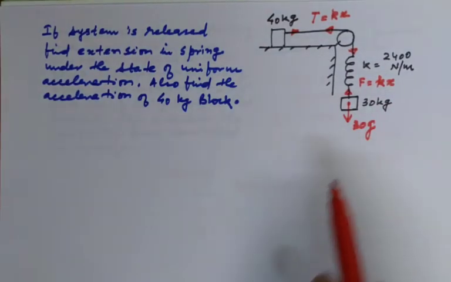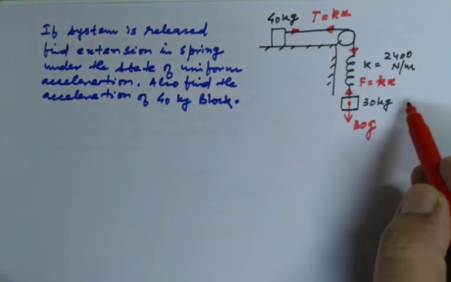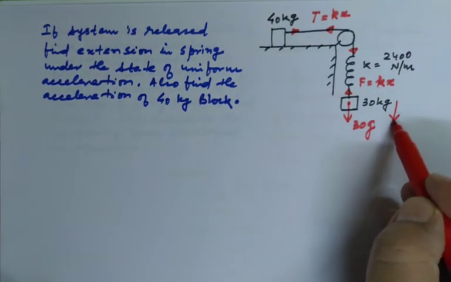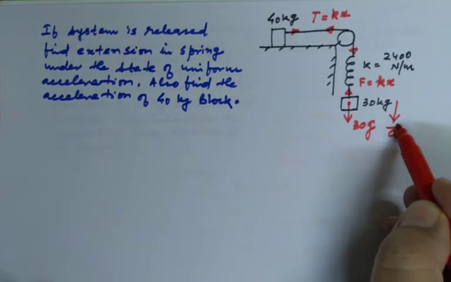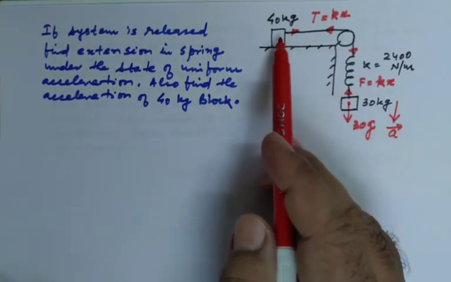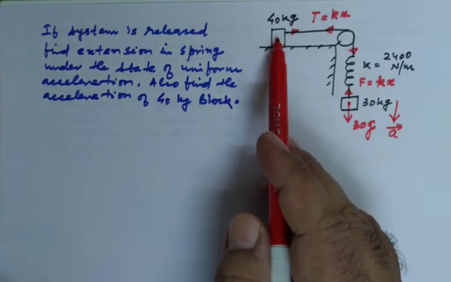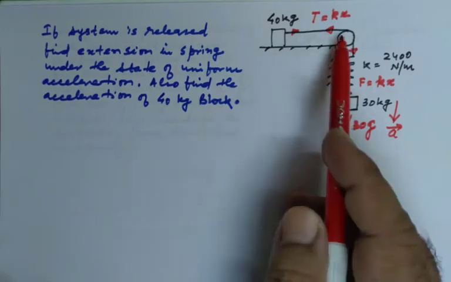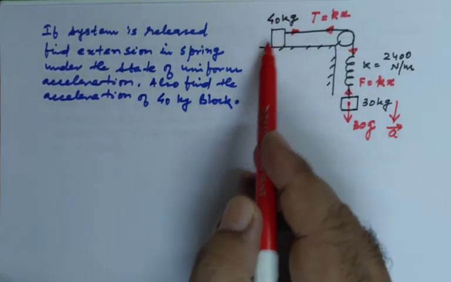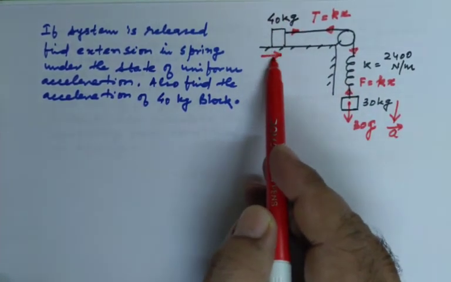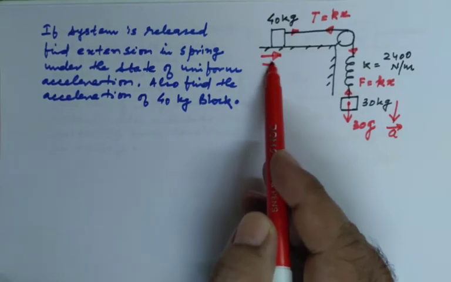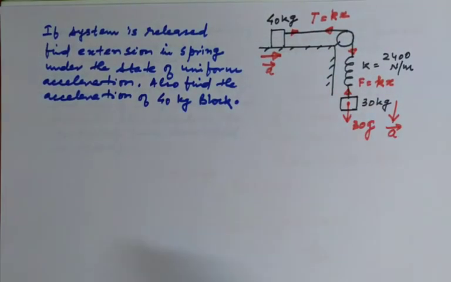Now let's make equations for the motion. Suppose this block is going downwards with acceleration A. Since the 40 kg block is connected with the string and spring, this block will also move with the same acceleration A in the horizontal direction.